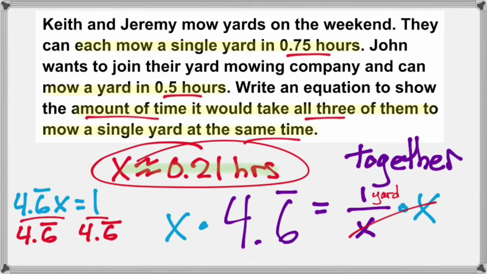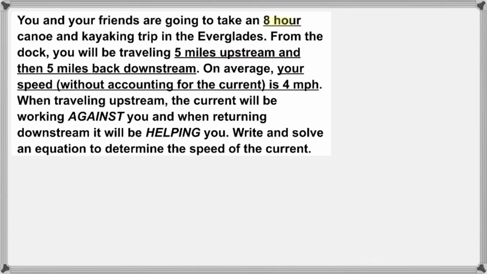If all 3 of them work together, you would assume they're going to finish the job faster than if individually they were at 0.75 and 0.5 hours of mowing 1 yard by themselves. If they all work together, they should logically be doing it way faster. So 0.21 does make sense.